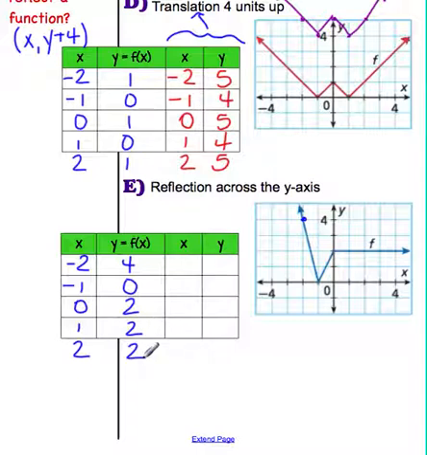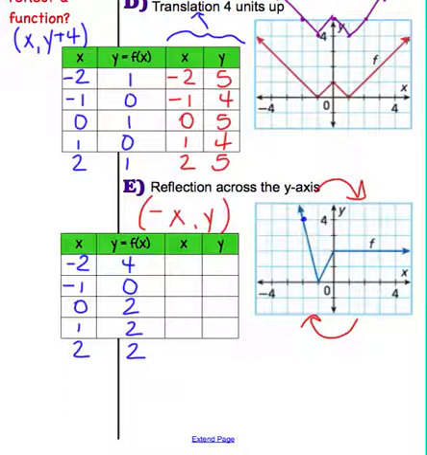Now when we reflect, if we recall, reflecting across the y-axis means I'm going to reflect over this way, or in this case, over this way for some of the points going from one side to the other, which means that my x value is going to become the opposite and my y value will stay the same.